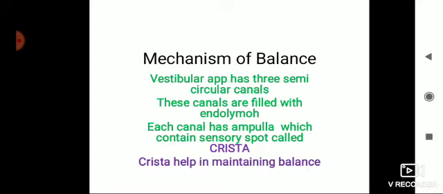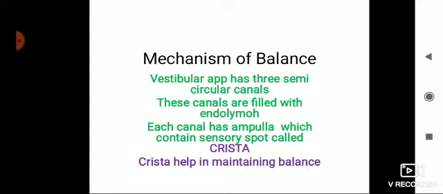Now the inner ear has the 3 semicircular canals. These semicircular canals are filled with the fluid called endolymph. Each canal has ampulla, and this ampulla contains a sensory spot called the crista.